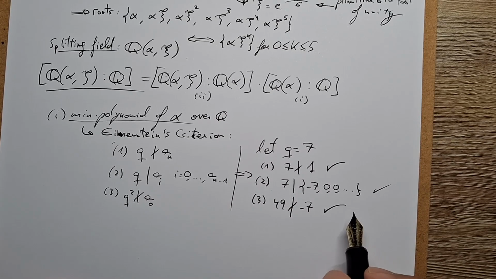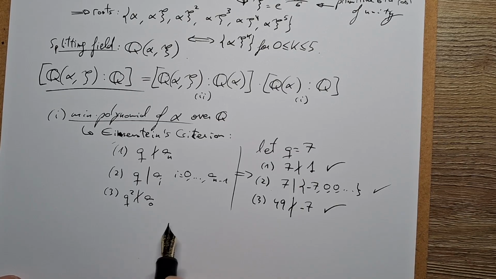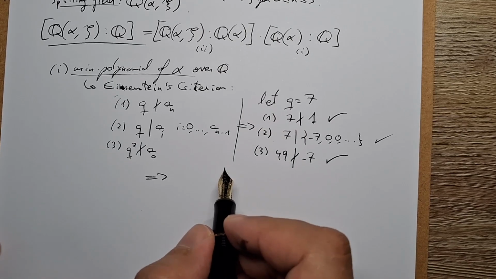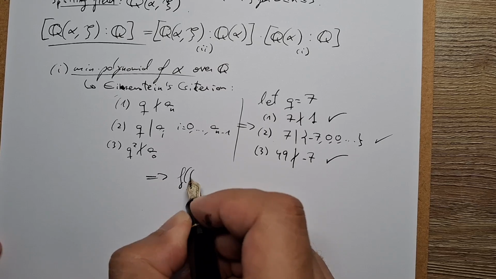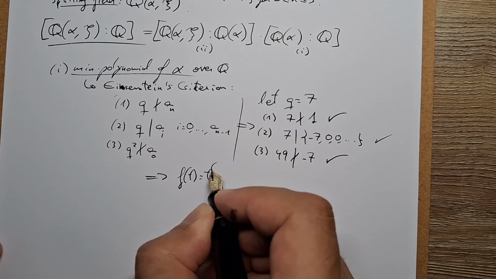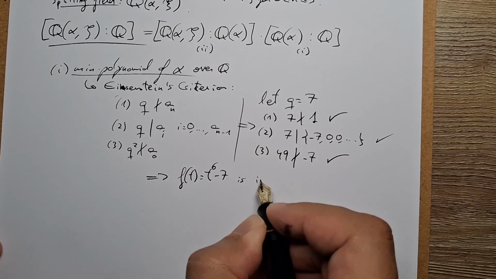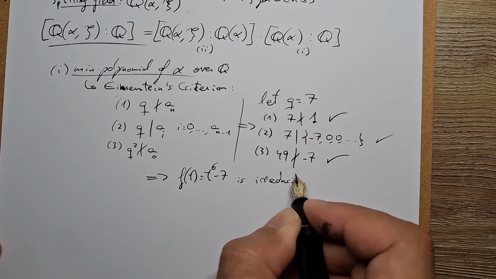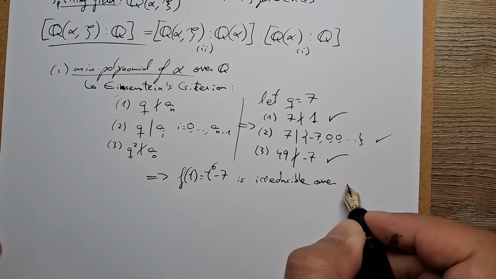Yes, this is also a pass. Thus, f of t being t to the 6 minus 7 is irreducible over Q.